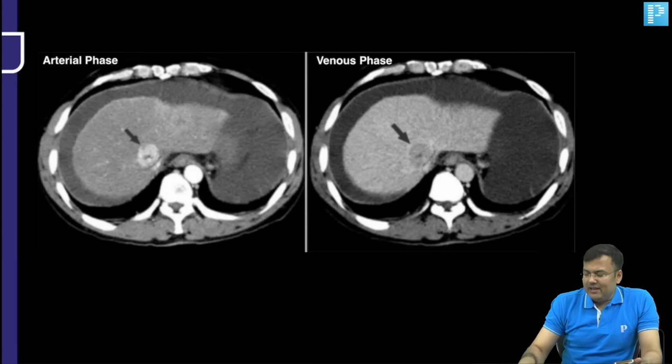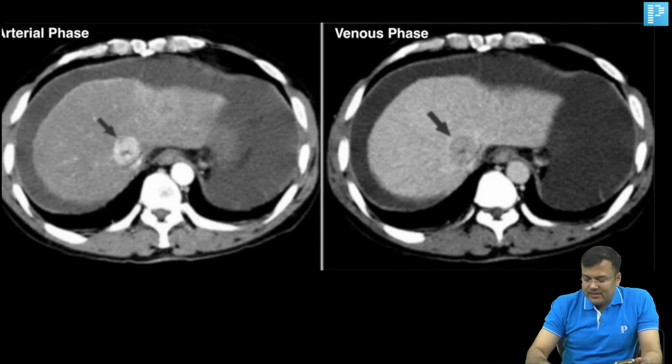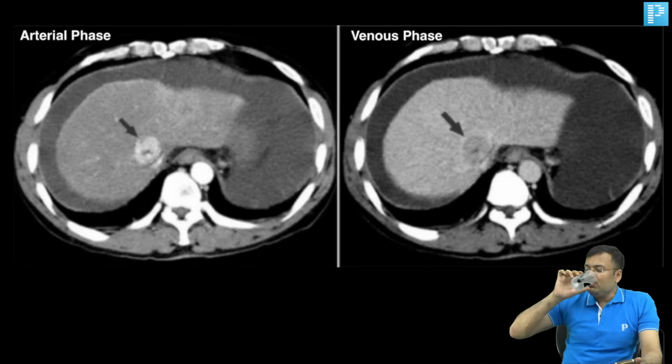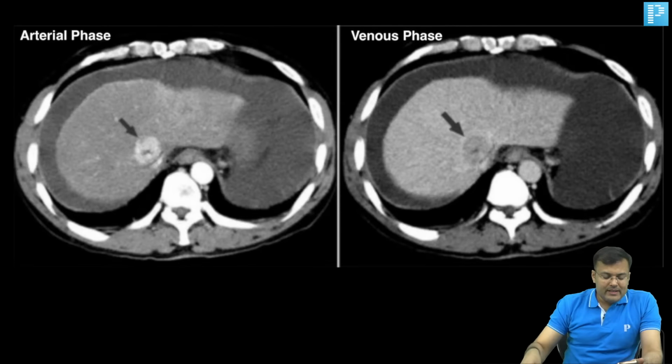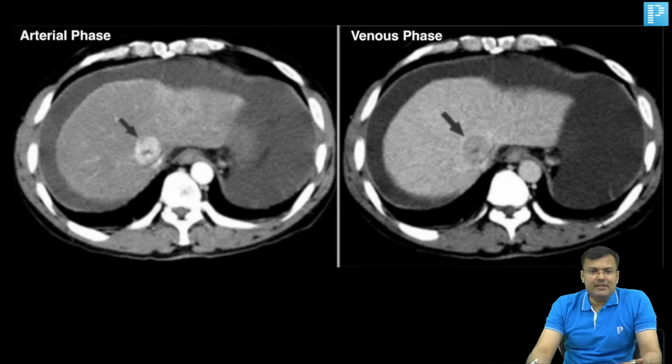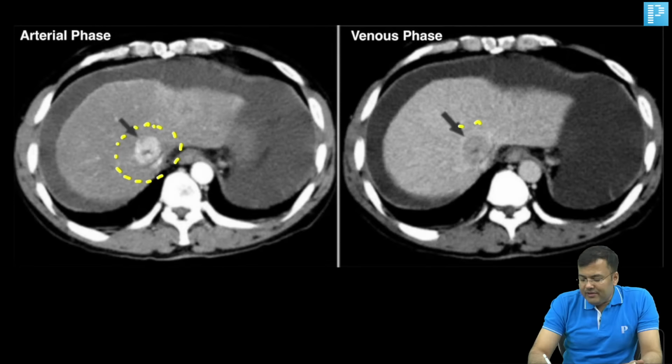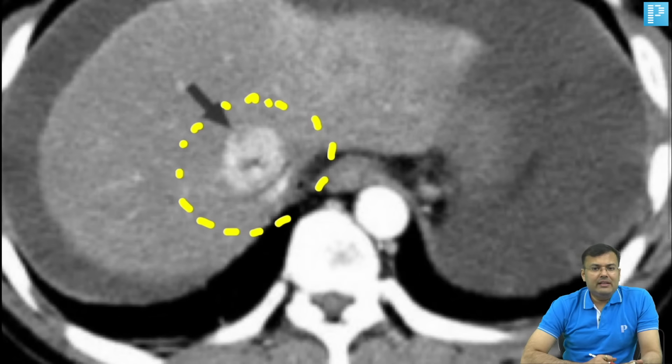Okay. Next, tell me the diagnosis here. See this image and tell me. Easiest question. This is a triple phase CT. On triple phase CT, during the arterial phase you can see this tumor. During the venous phase you can see this tumor. During the arterial phase there is arterial hypervascularization.